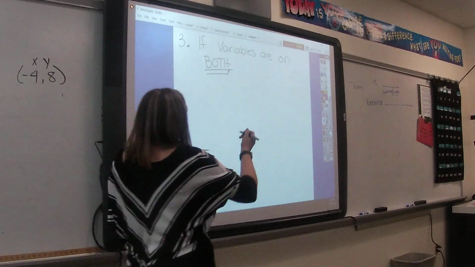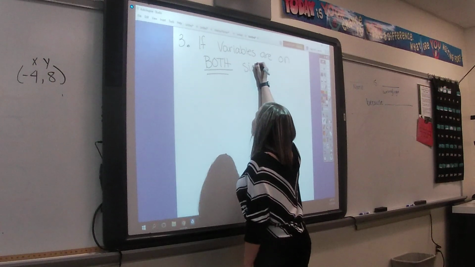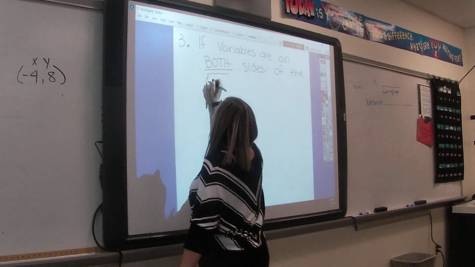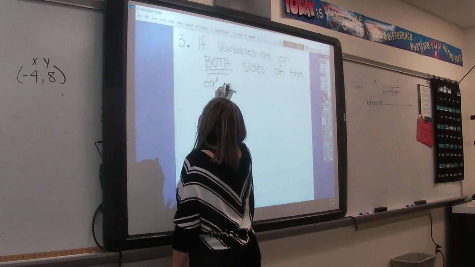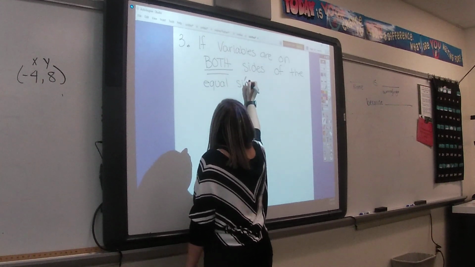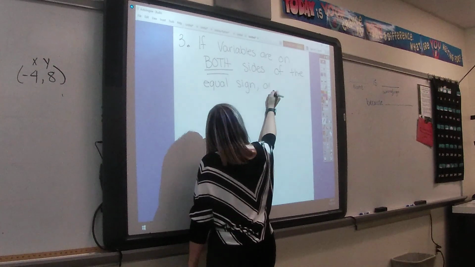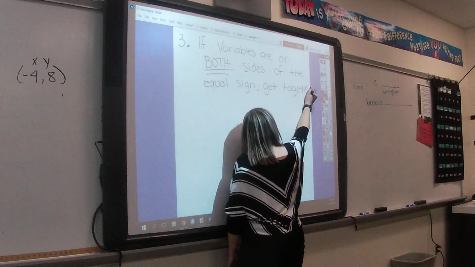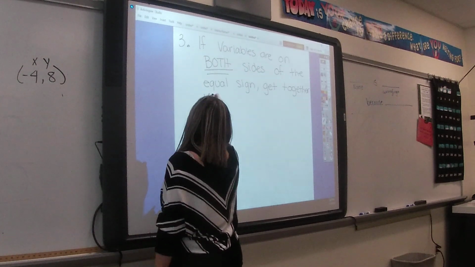If variables are on both sides of the equal sign, we are going to have to get them together with the opposite sign.